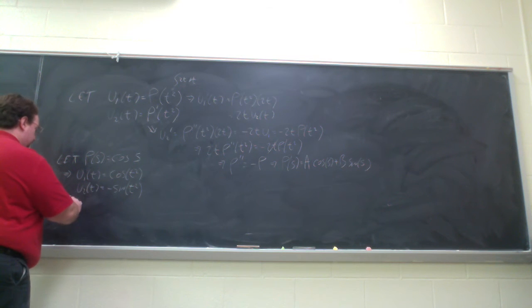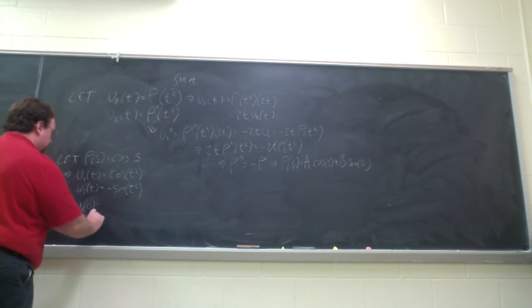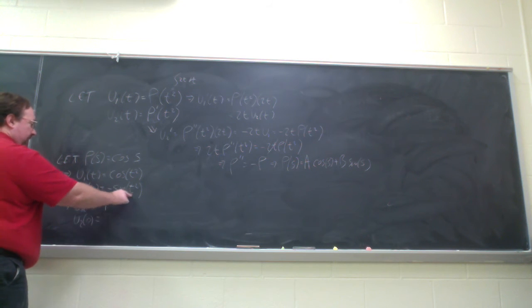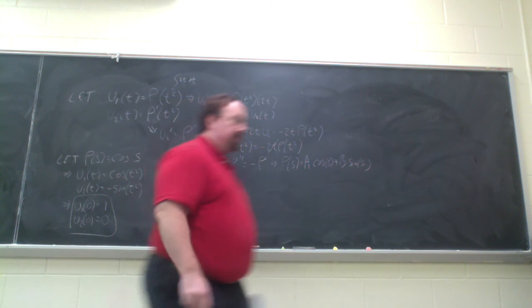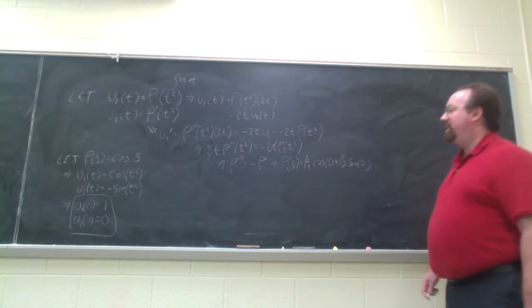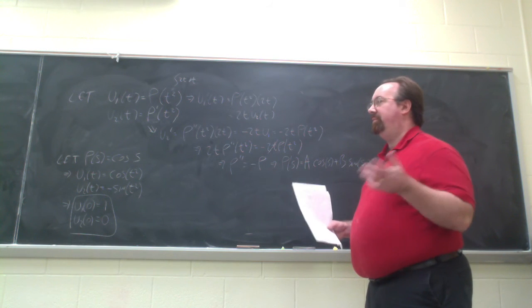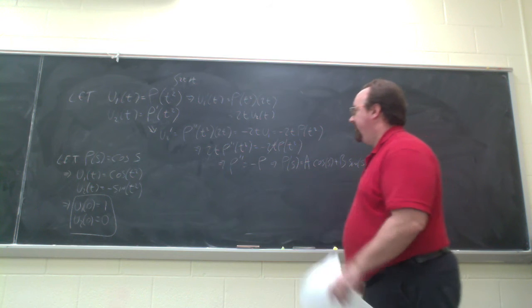Now let's look at the initial values. I'll let t equal 0. So I get cosine of 0, which is 1, and then sine of 0, which is 0. This is nice because the initial values are the first column of the identity. So that's going to help me with getting the first column of my fundamental matrix.